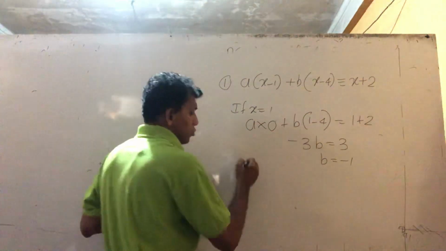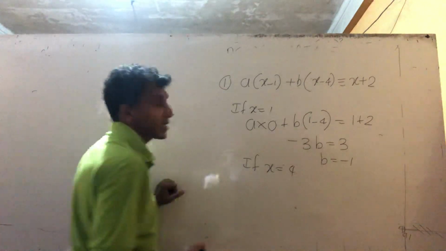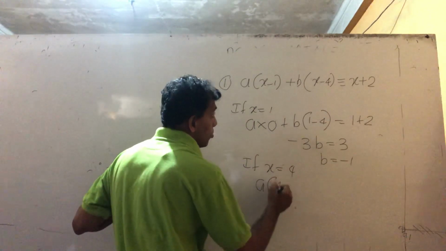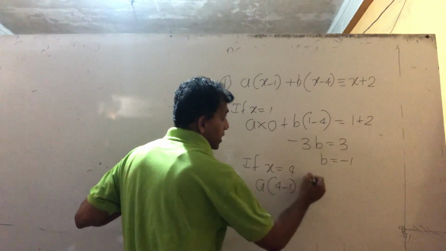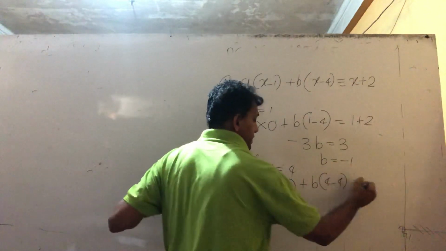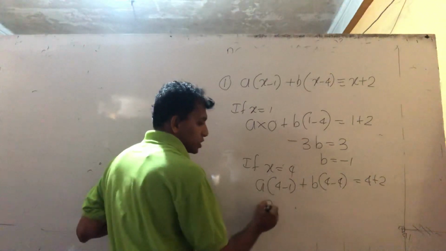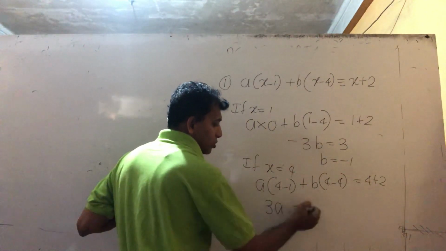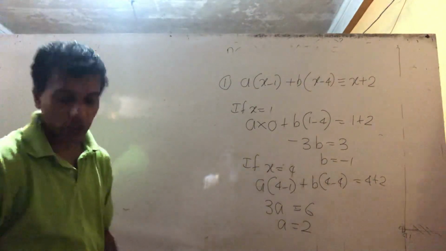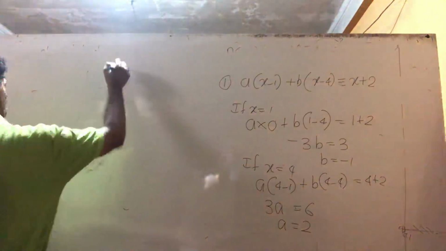So if x equals 4, a into (4 minus 1) plus 0 equals 4 plus 2, so 3a equals 6, therefore a is 2. Okay, a simple question on how to use these identical polynomial problems.